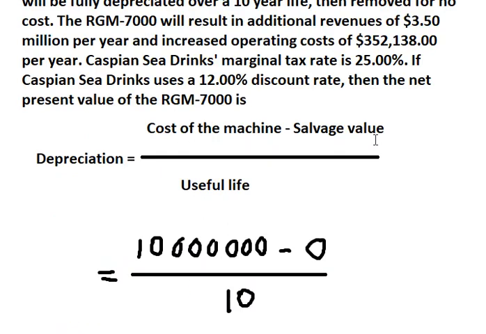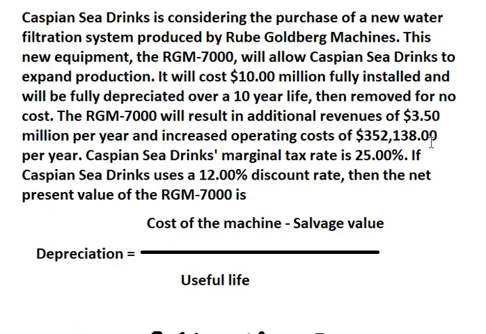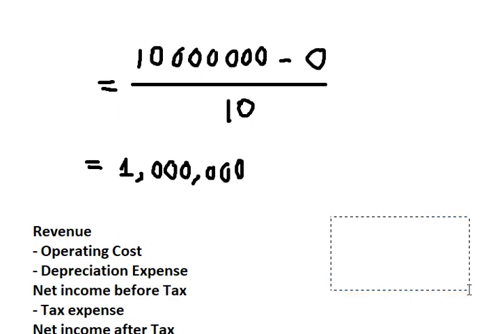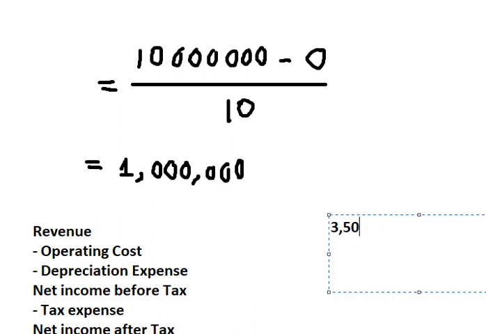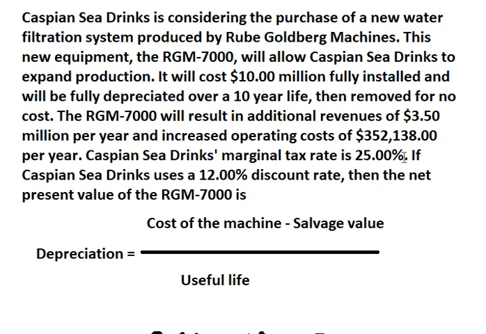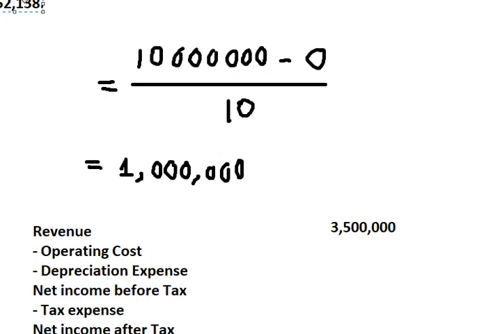So the first thing we have is the revenue, that is about 3.5 million here. We need to minus the operating cost. So I will put this one in here.